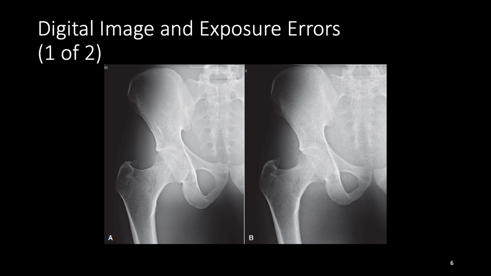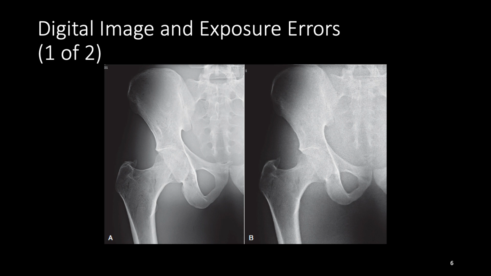A radiographic image repeated because of insufficient or excessive exposure generally requires a change in mAs by a factor of at least 2. So you want to basically decrease your mAs in half.